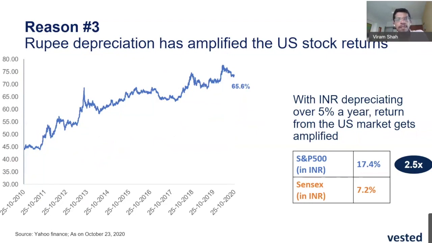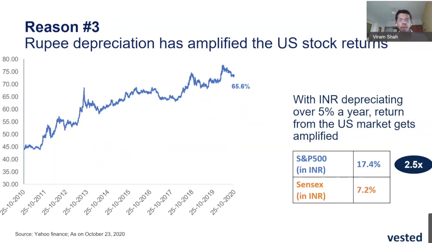Now it's close to around 72, 73 rupees, right? So over the last 10 years, on an annual basis, the rupee has lost about 3 to 5% against the dollar. And that's largely going to be true as long as we are still dependent on our major commodities, essentially oil, for import, and the inflation in the country is higher. So that adds to the return.